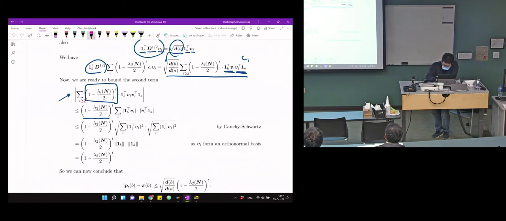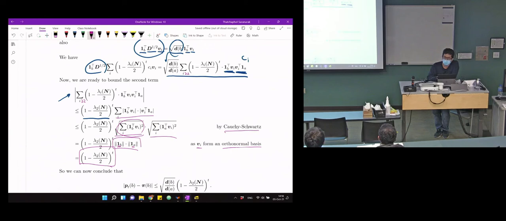Now, just do some algebra. You have that this is a sum of this, and you apply Cauchy-Schwarz, you get this thing. And now, because v_i is an orthogonal basis, this is nothing but the length of 1_B and 1_A, and the length of 1_B and 1_A is simply 1. So this whole thing is just at most this. It's not a basis, right? We don't have i equal to 1.